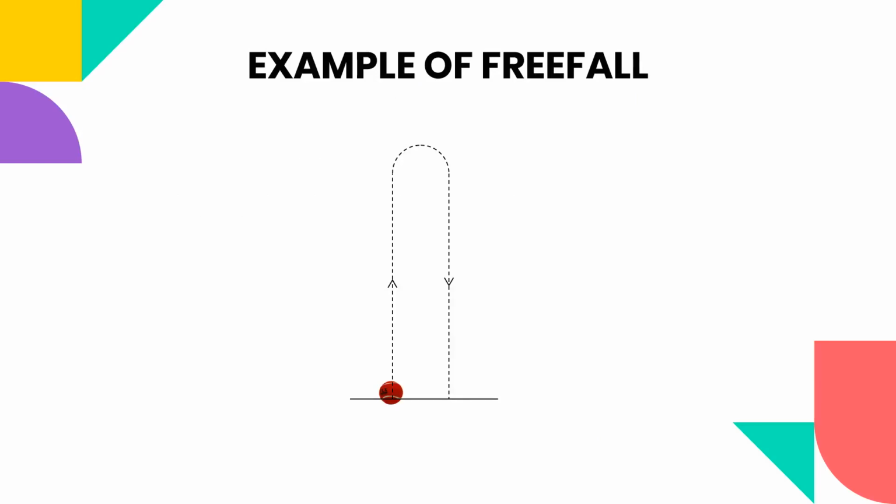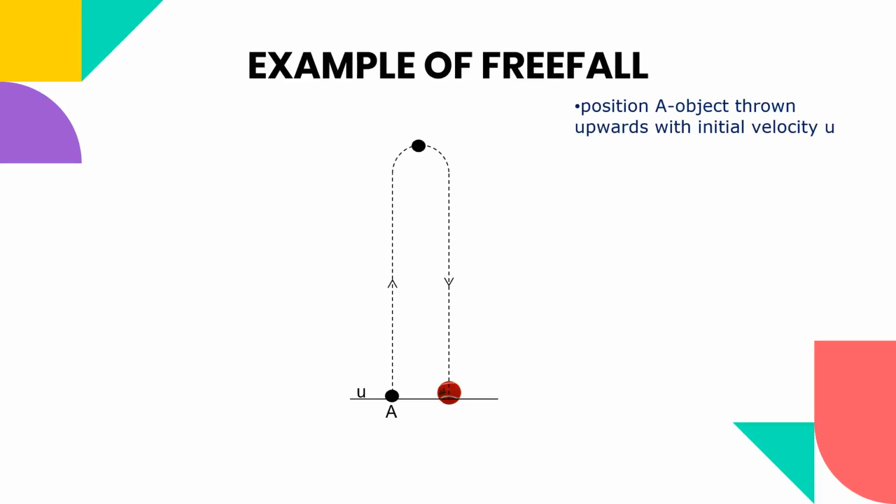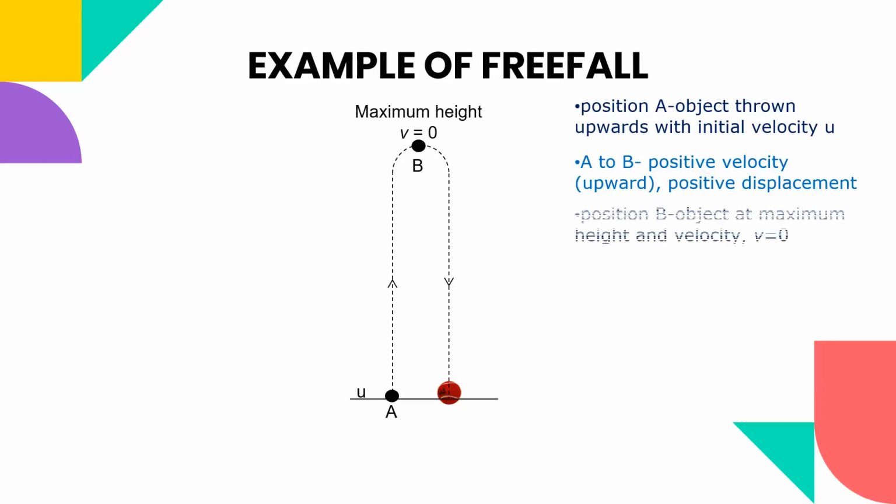Example of free fall. An object is thrown vertically upward. At position A, the initial velocity is u. When the object moves upwards from A to B, the velocity is positive and the displacement is also positive.